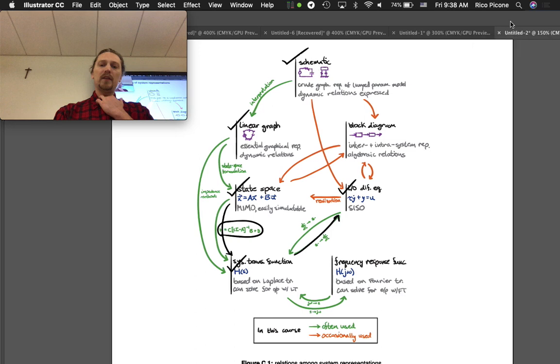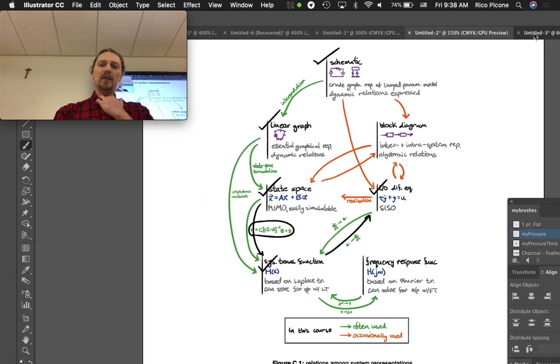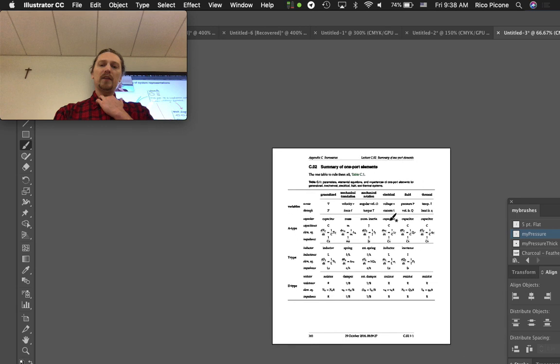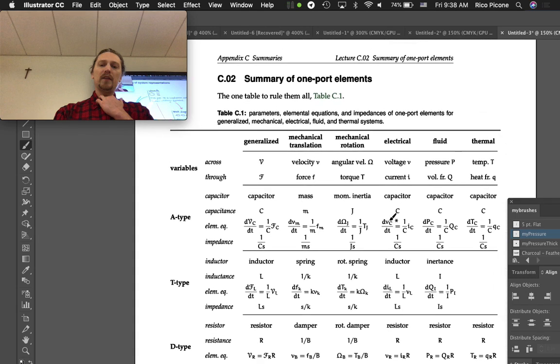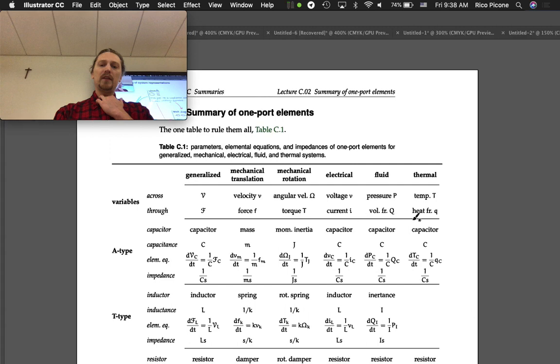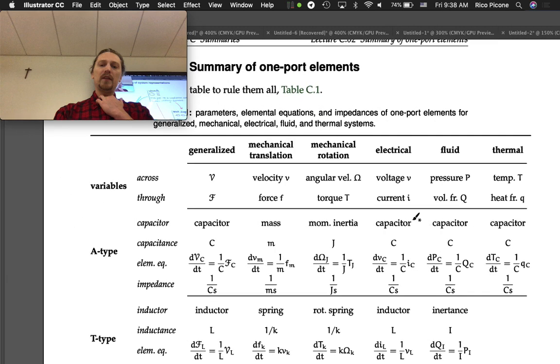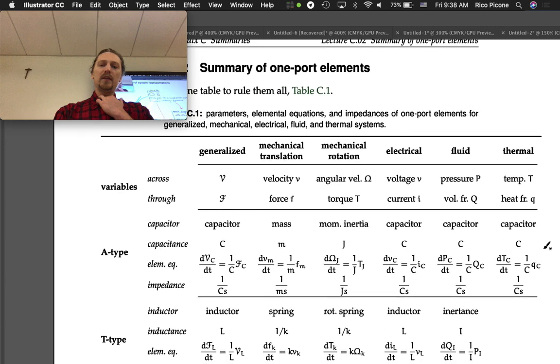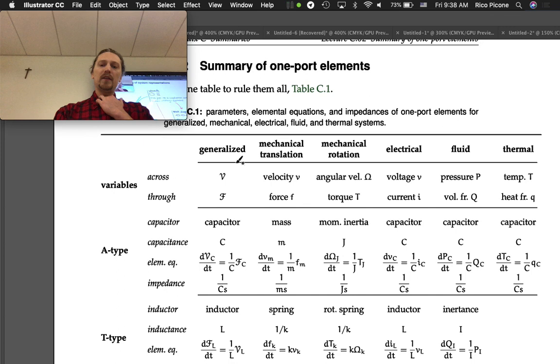The next thing I wanted to show is that I forgot that I had made this really beautiful summary of one-port elements. This is a really good reference for summarizing the stuff that we have learned in this chapter and the preceding chapter. It shows you, in each domain, the across and through variable.